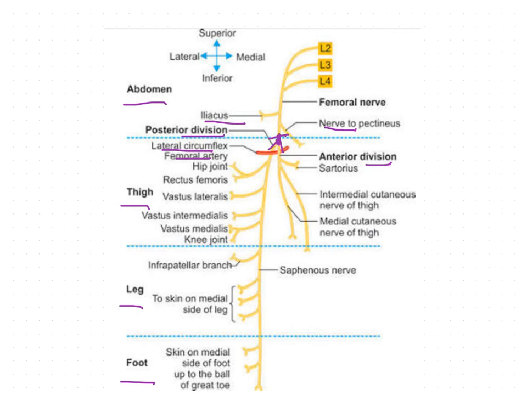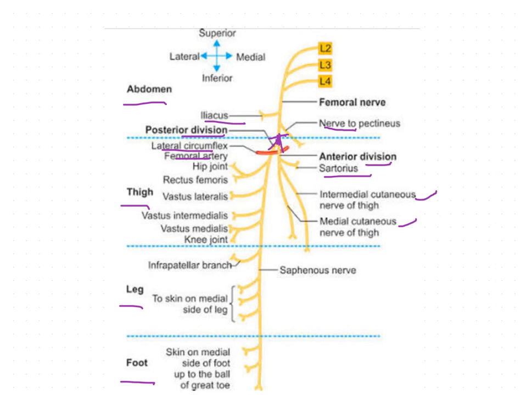It has muscular branches as well as cutaneous branches. The muscular branch is to sartorius, and the cutaneous branches from the anterior division are the medial cutaneous nerve of thigh and the intermediate cutaneous nerve of thigh.